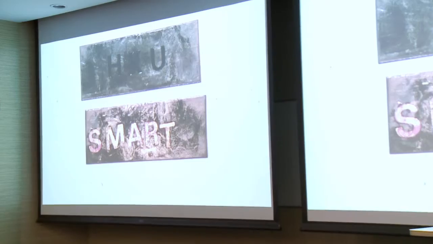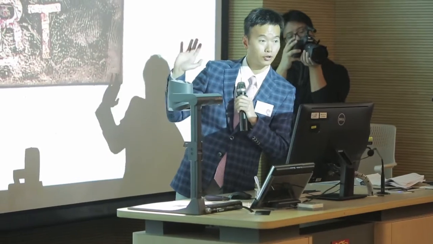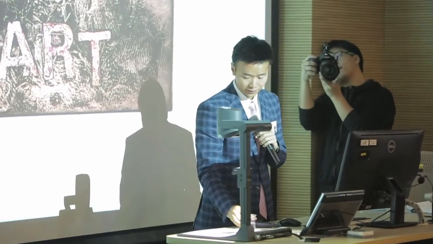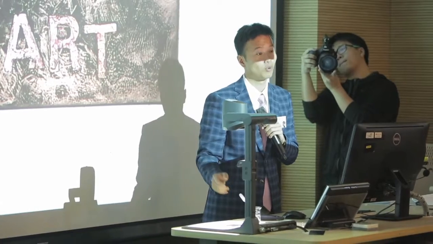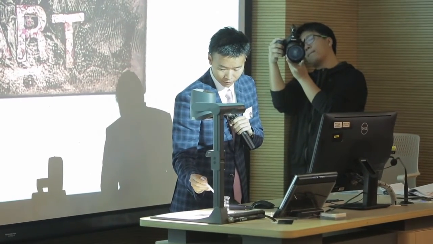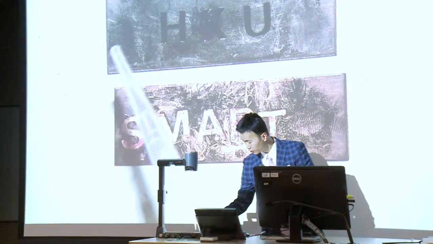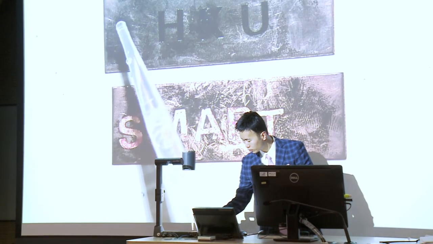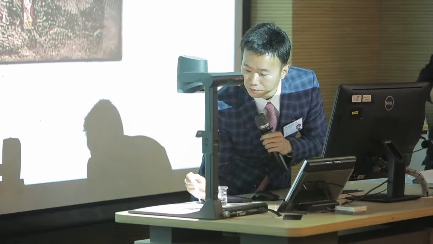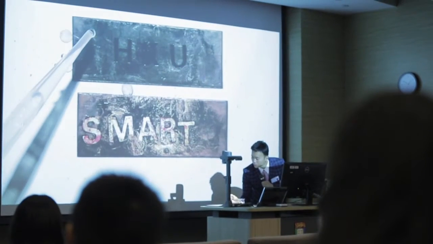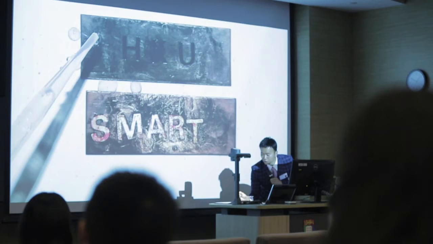So I have two already treated surfaces, and I have water, and I'm going to add some water. This is on a flat surface, so let's see what happens. Now you can see the water will just bounce off. They don't stick on the surface.